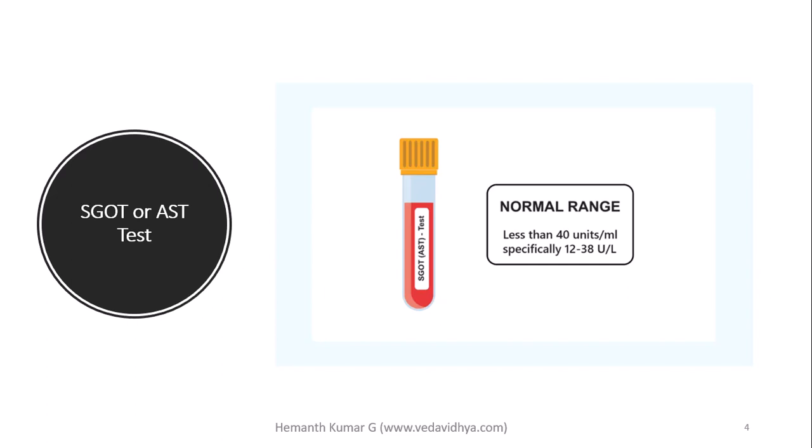In summary, the SGOT or AST test is a fundamental component of liver function tests. It provides vital information about your liver's condition and, when interpreted correctly, can be a key tool in diagnosing liver related health issues.